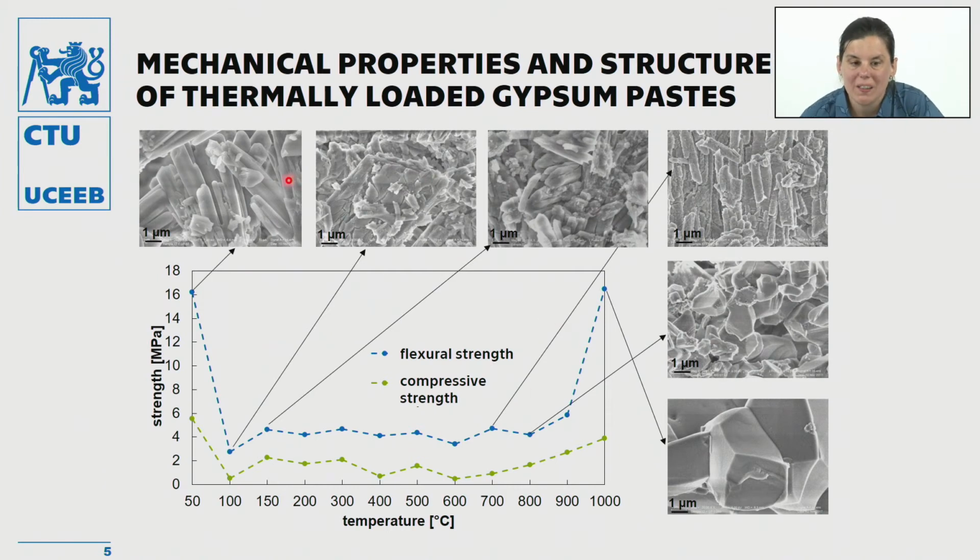And when you look at the images above, you can see that one of the explanations lies in the structure. You can clearly see in these images that the structure of gypsum is changing.